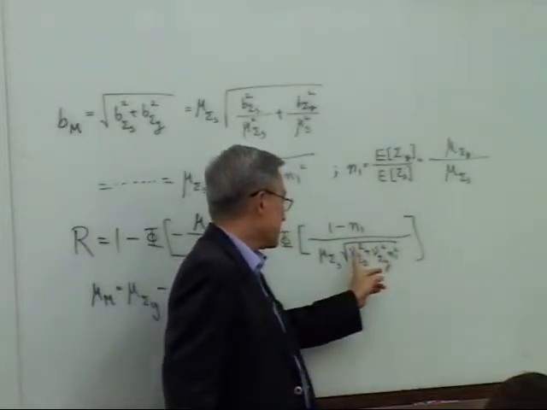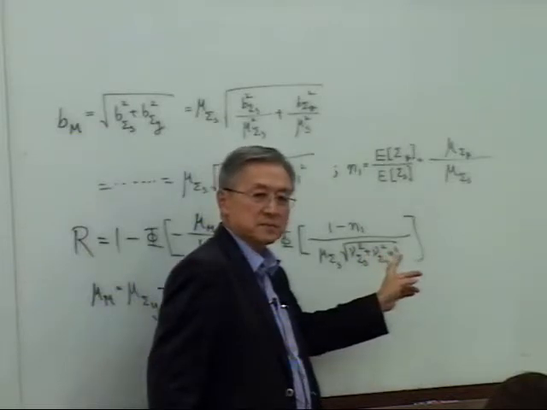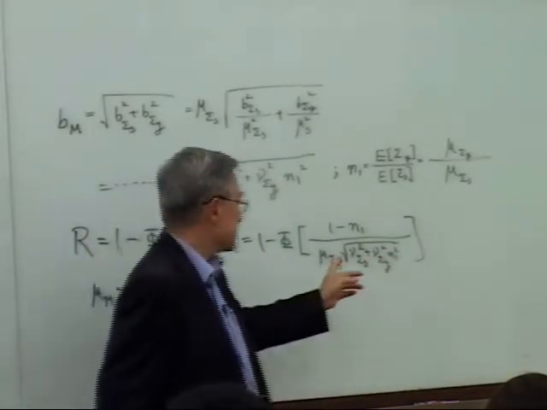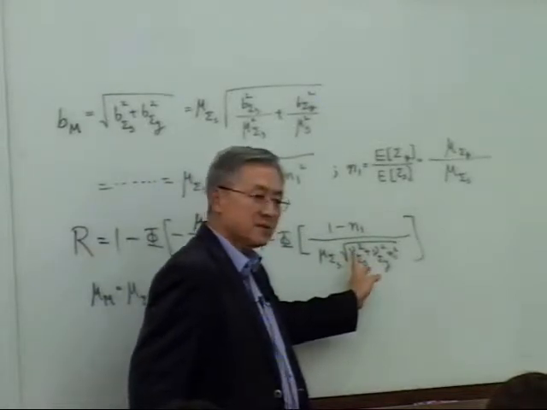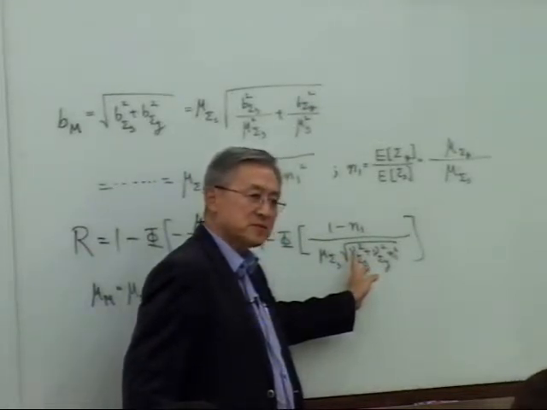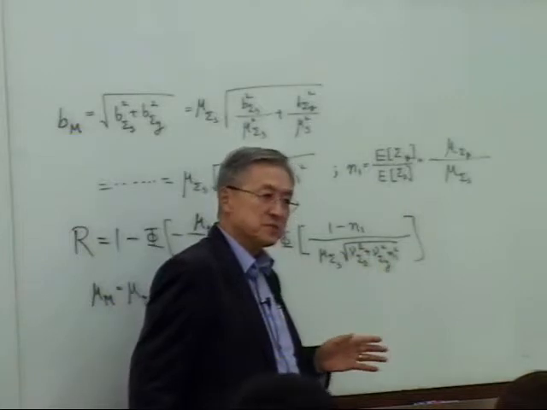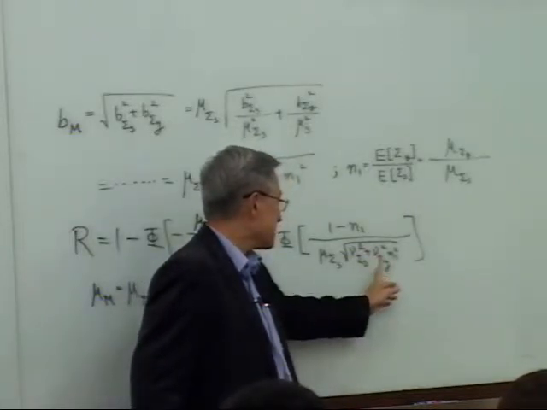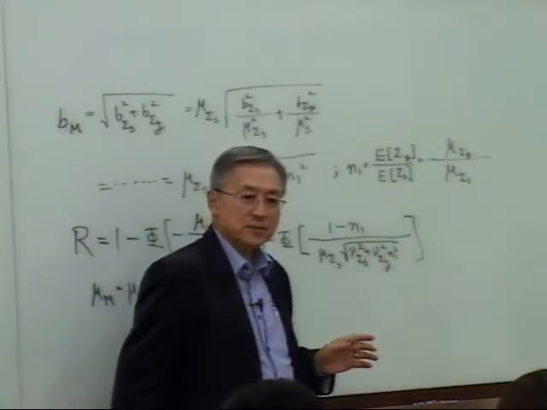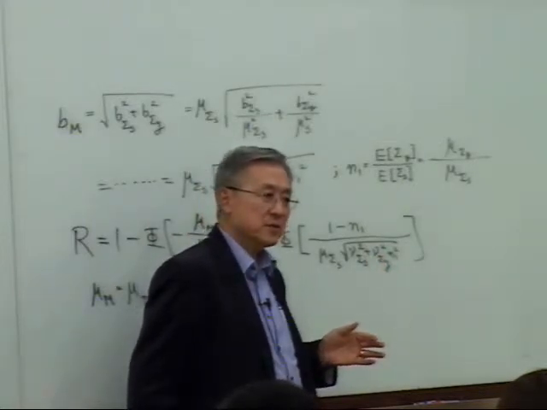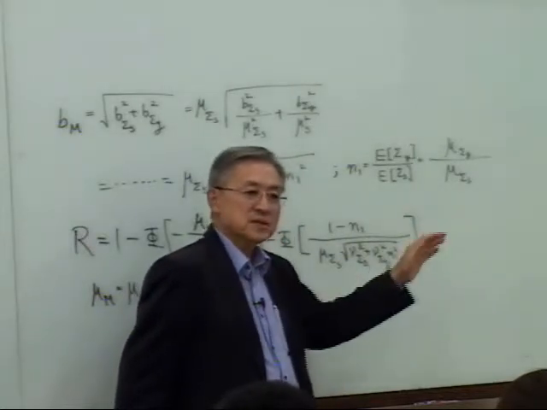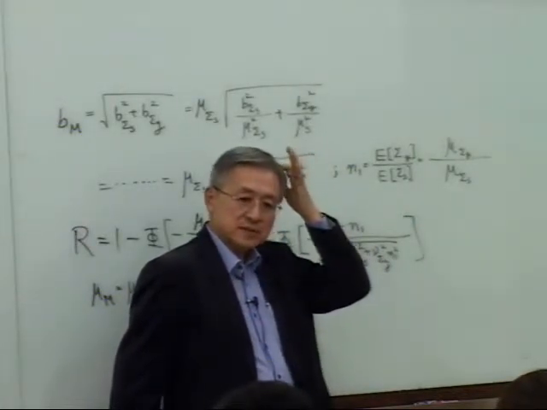If this is large, then you got a problem. If mu is large, dispersion of the loading is terrible. If this is large, then what happened? The quality of the material is a problem because its uncertainty is too much.